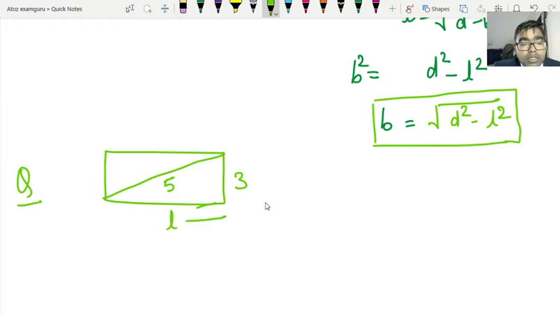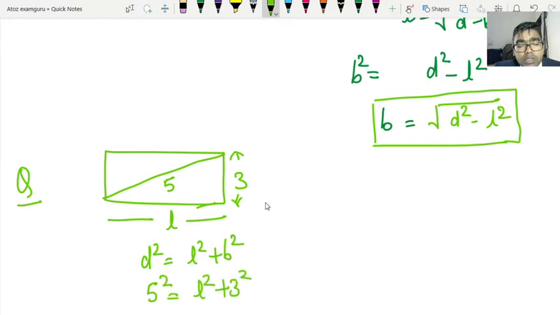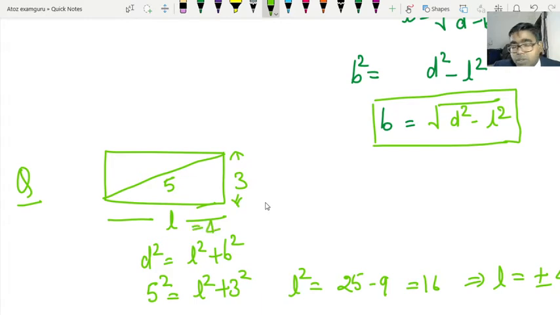I use D square equals L square plus B square. D square means 5 square equals L square plus 3 square, so L square equals 25 minus 9, that is 16, and L equals plus or minus 4. Taking L as 4, you can calculate all the things.